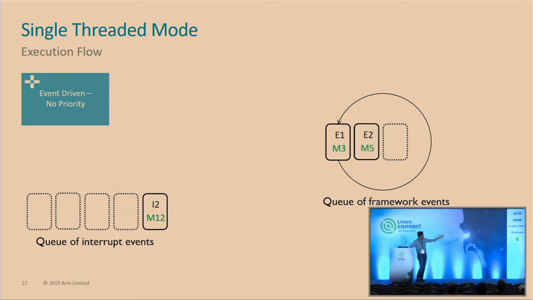And let's say this I1 further generates 2 events, and you continue processing them. So that means you keep processing the framework events till they are empty. So you go in a loop, and your framework queue event gets empty, and then you take your interrupt queue event again, put it there, and that's it. So it's a very simplistic model.